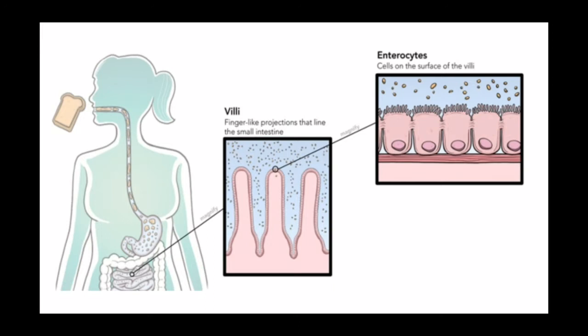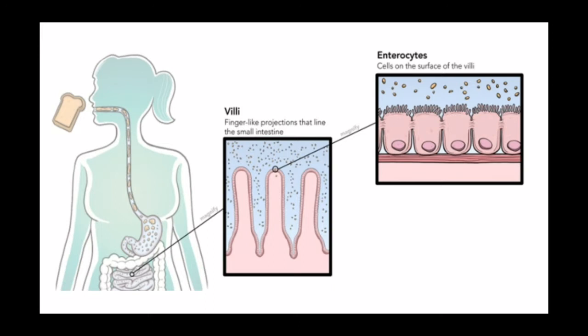They finally end up in the small intestine for absorption. As you can see in the middle figure, these are some finger like projections which are present in our intestine. These finger like projections are called villi. Their role is absorption of nutrients. So, they absorb nutrients from food.